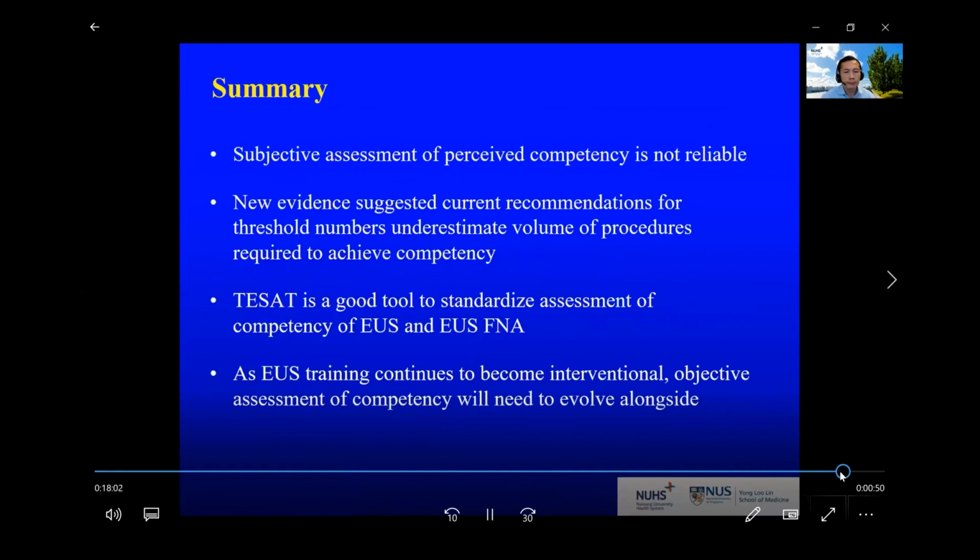So what is then a good tool to standardize assessment of competency? I believe that currently TZEC is probably the best tool for us to do that, for both EUS as well as EUS FNA. And finally, as EUS training continues to become interventional, we do need to come up with a more objective way of assessing competency in EUS or in interventional EUS.